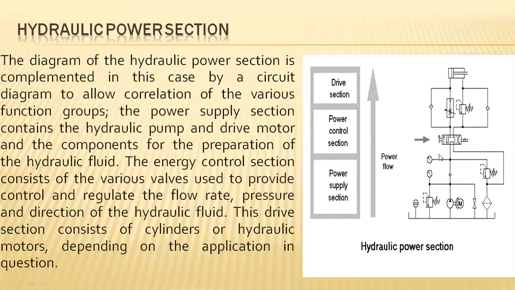As shown in the diagram, it is in mechanical mode, operating the actuator with the help of this lever system. We are aware that the nomenclature of this directional control valve is four ports and three positions.